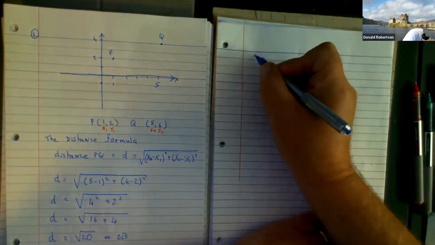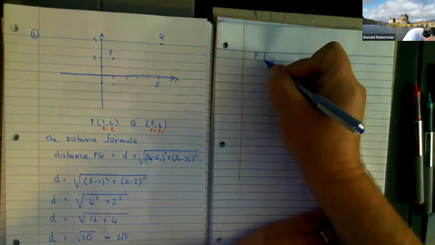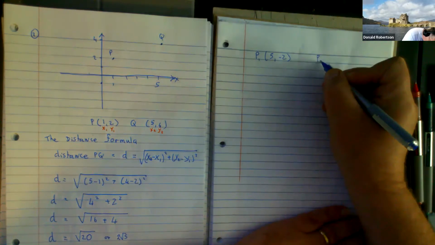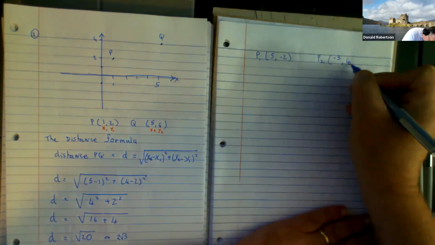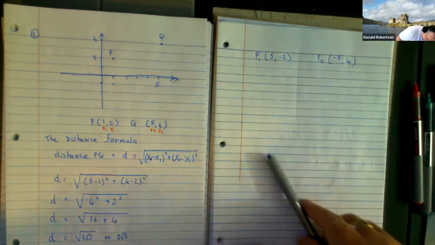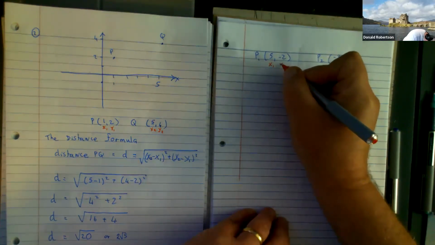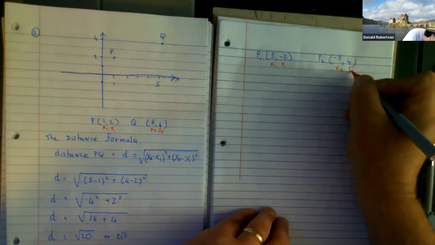So let's suppose I tell you P1, just to be different, is 5, -2, and the other point is called P2, because evidently this book likes using funny names. I'm going to call the first one x1, y1. I'm going to call this guy x2, y2.